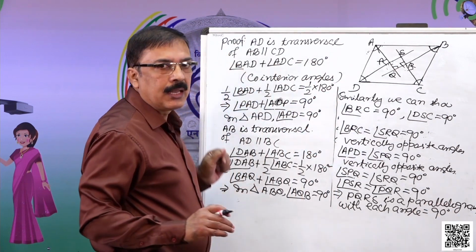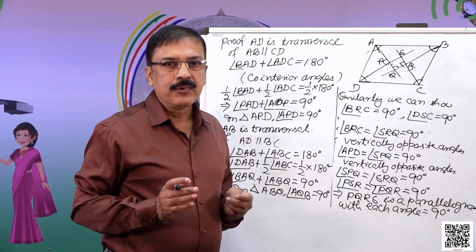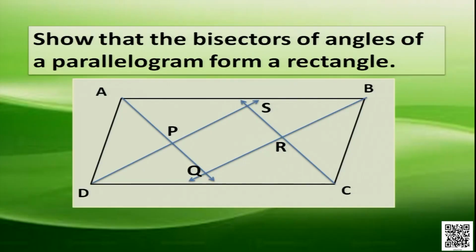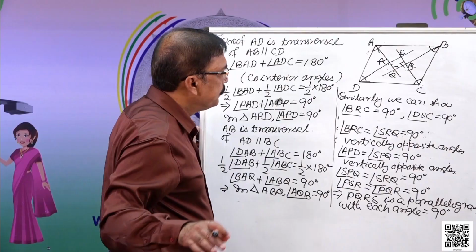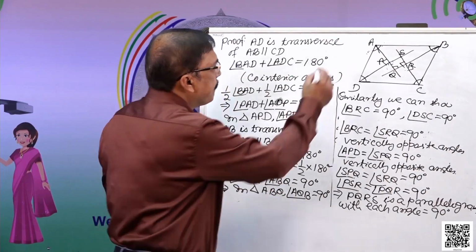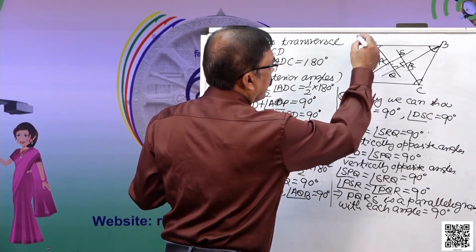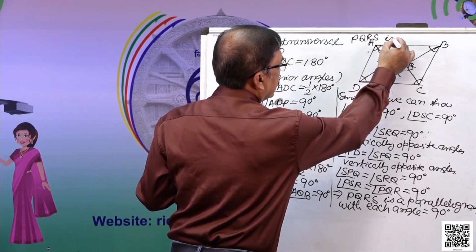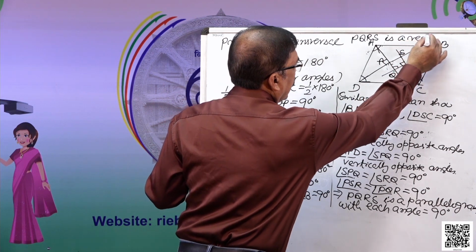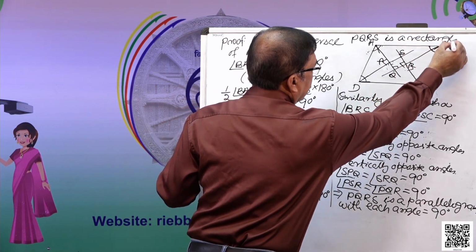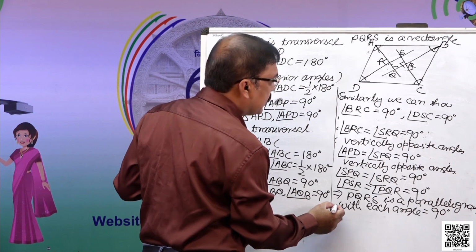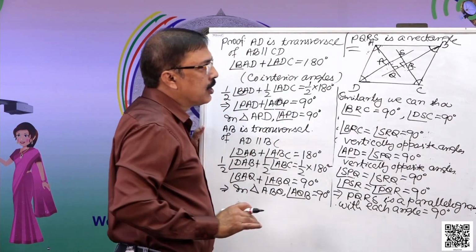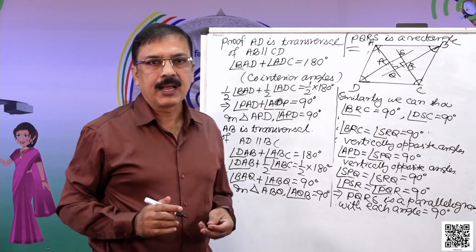Now you see, a parallelogram with each angle 90 degrees is a rectangle, so we can say that PQRS is a rectangle. So after this line, we will write this line, that is PQRS is a rectangle.